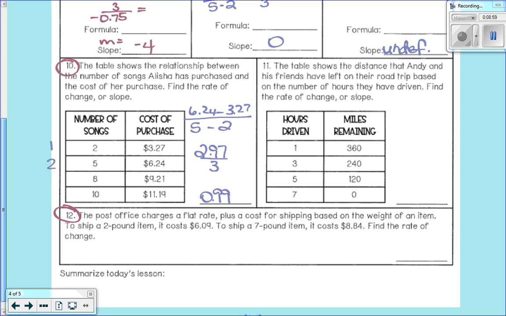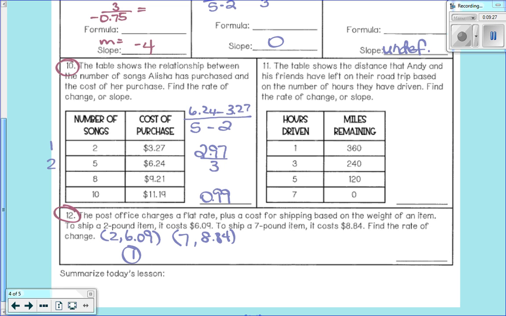And number 12, the post office charges a flat rate plus a cost of shipping based on the weight of an item. So to ship a 2-pound item, that's going to be your X value, right? Because the number of pounds determines the cost of $6.09, right? And so you get to create your ordered pairs, and you have 7 pounds, and that would cost $8.84.